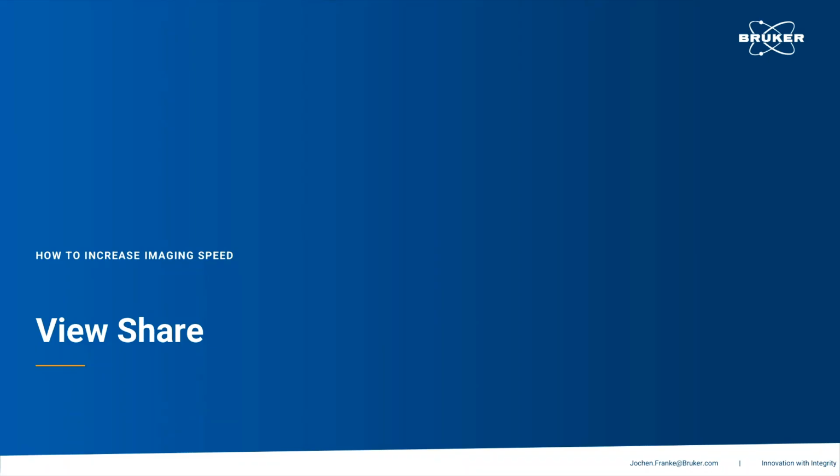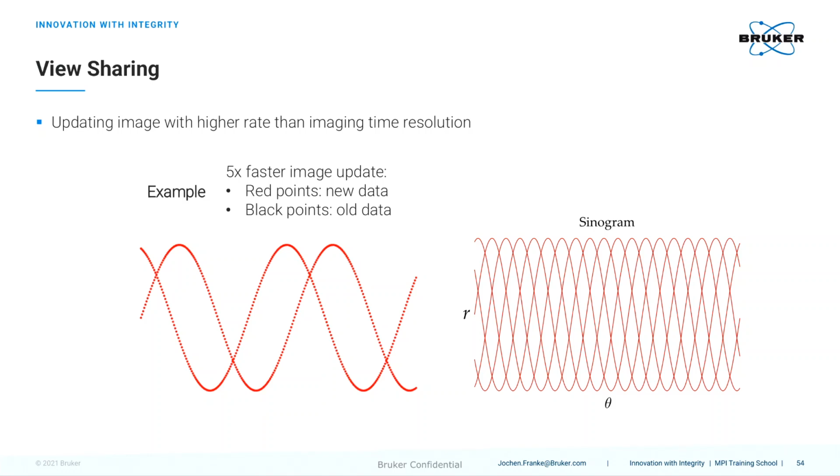All right, the second acceleration would be few share, and this is a very, very short one. So by filling up our sinogram over time, we can just update the sinogram partially. Just the red ones are the new data which are coming in.